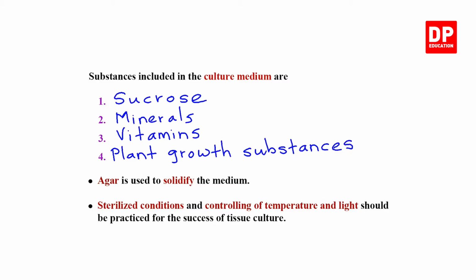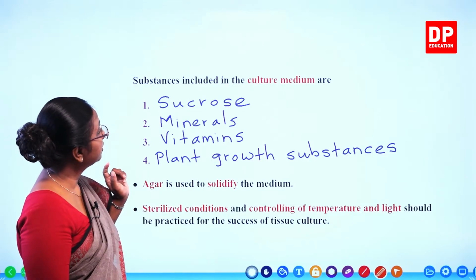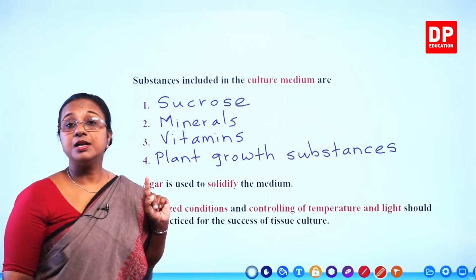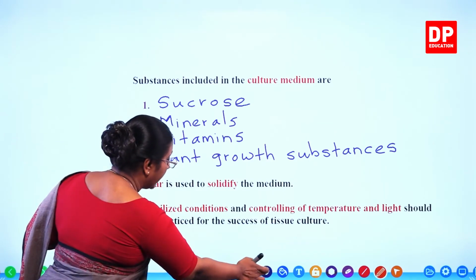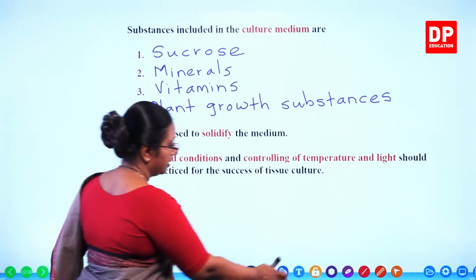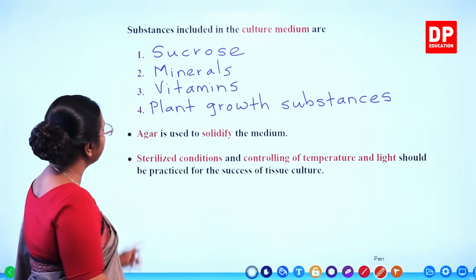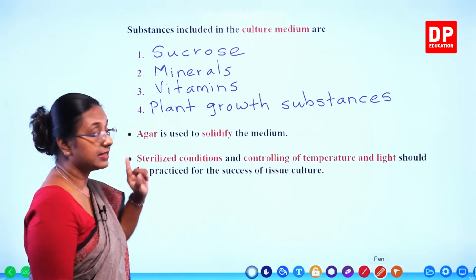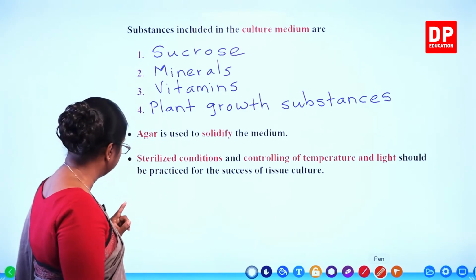So substances included in the culture medium are sucrose, minerals, vitamins and plant growth substances. And also there is agar. Agar is used to solidify the medium. So agar is a substance used to solidify the medium.